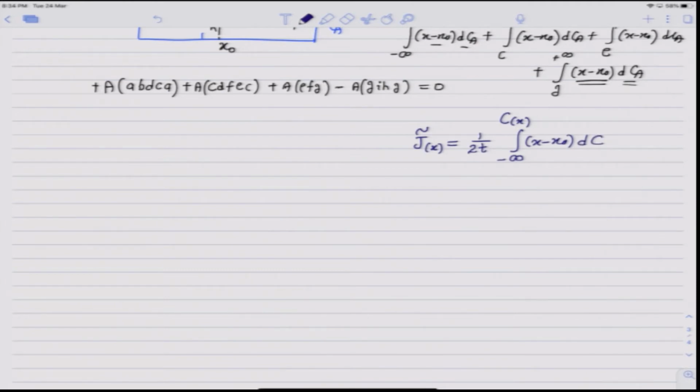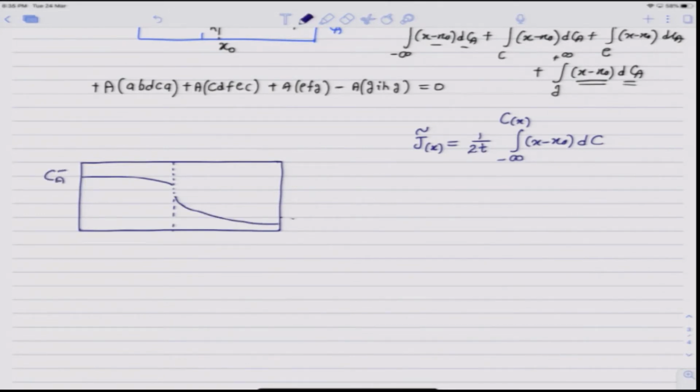So, if we consider again a concentration profile in a multiphase couple, let us say Cm, and let us say this is the Matano plane position here.